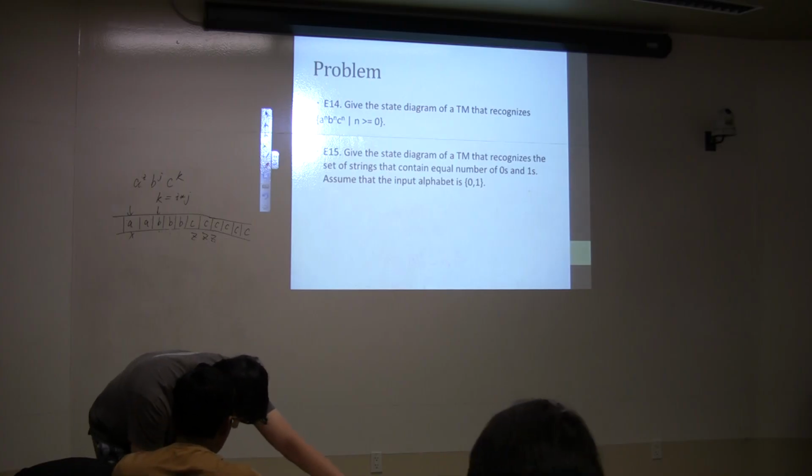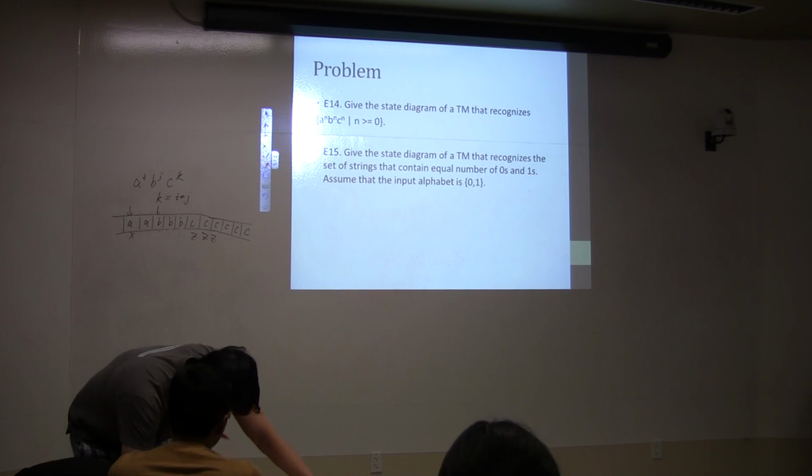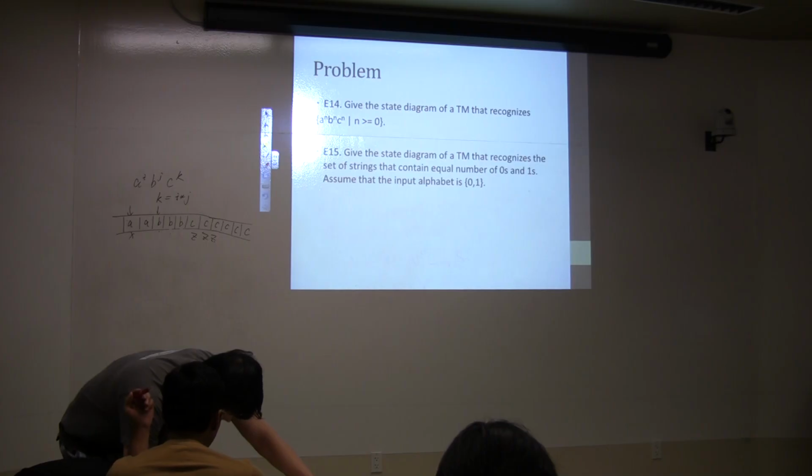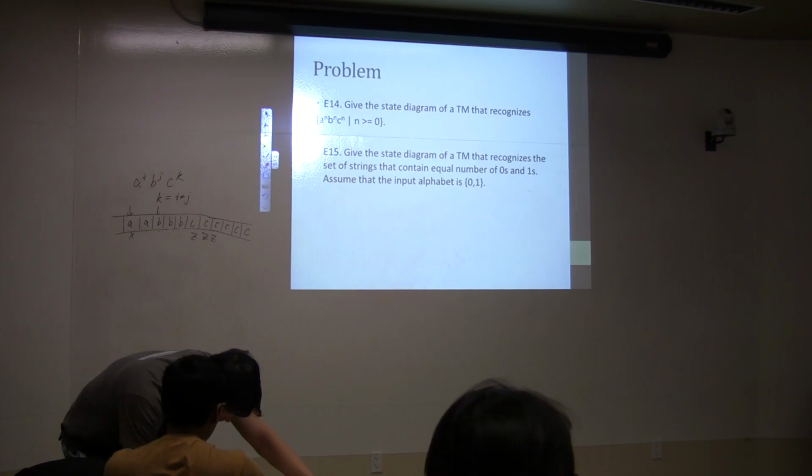So the reason A goes right till it's a B. Then again, if it's a B, it goes right till it's a C. And when it's a C, it will go left. If there are any more B's, then it will keep going left till it hits a B again. And if there are no more B's, then it will go right. No, it will go left.